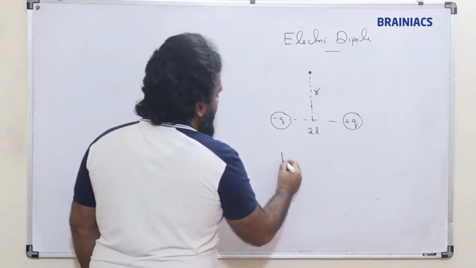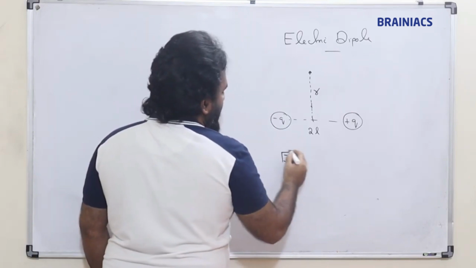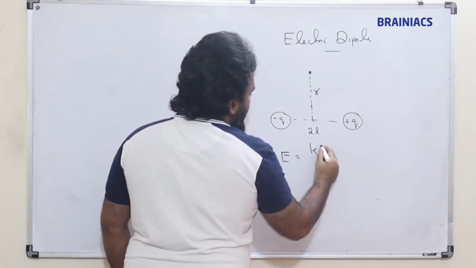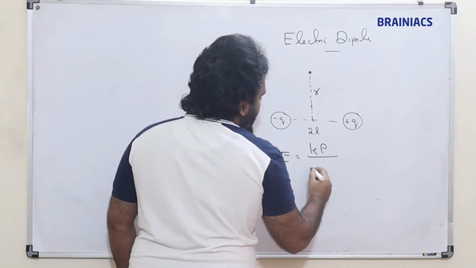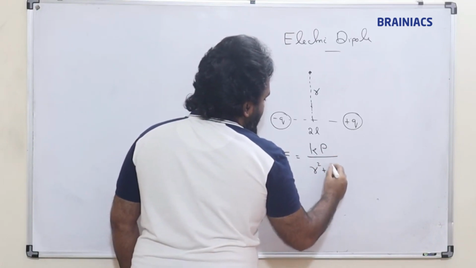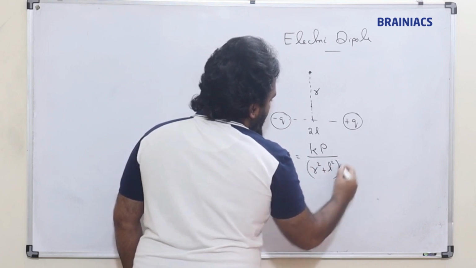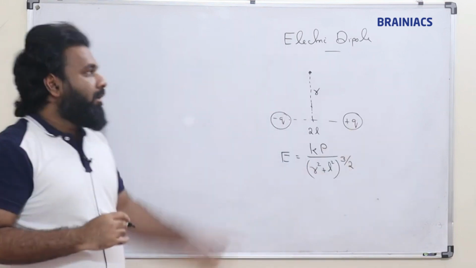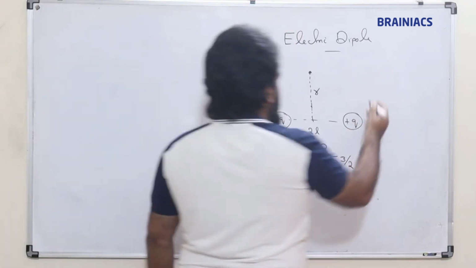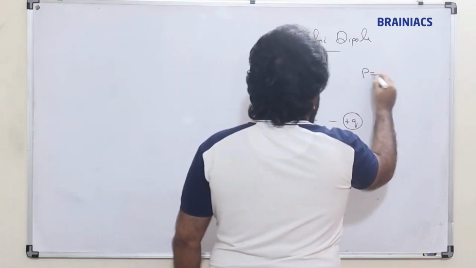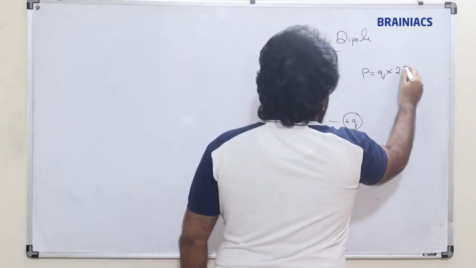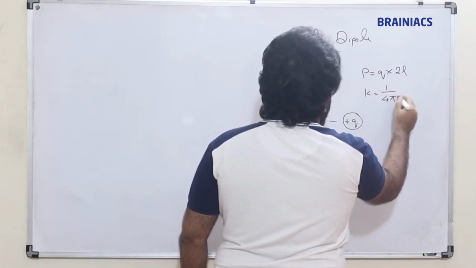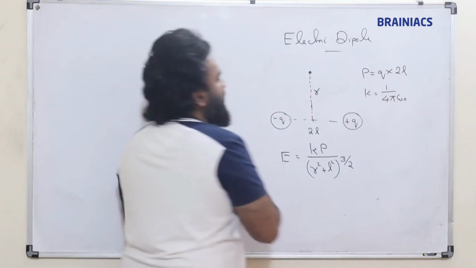So what was the electric field in this case? K into P divided by R square plus L square all raised to 3 by 2. This was the formula, equatorial line. And here P is Q into 2L, and K is 1 by 4 pi epsilon naught.